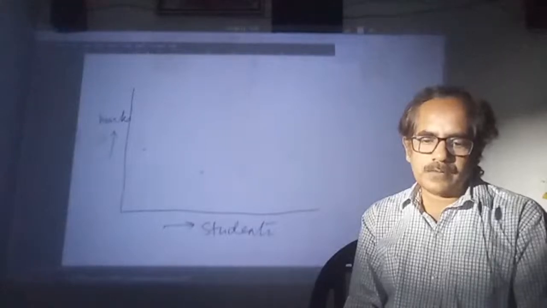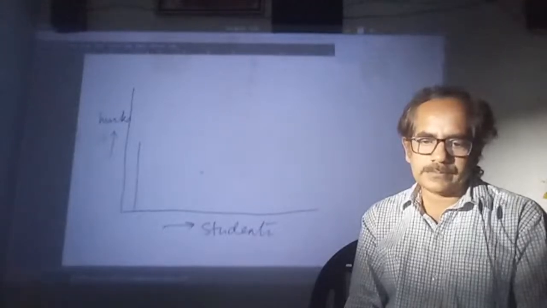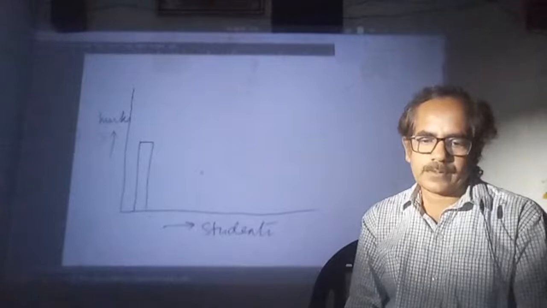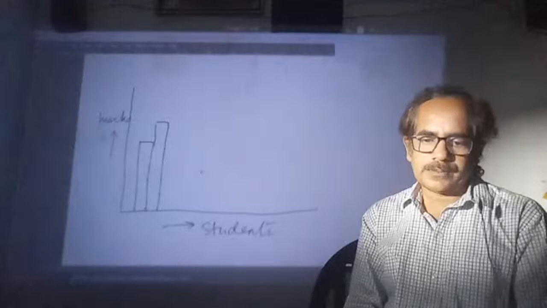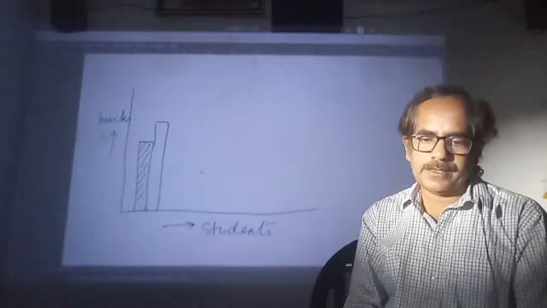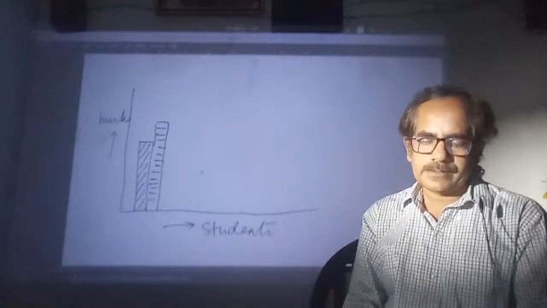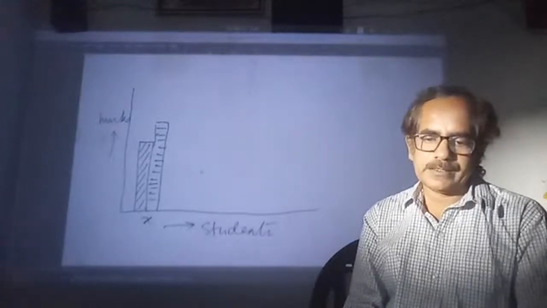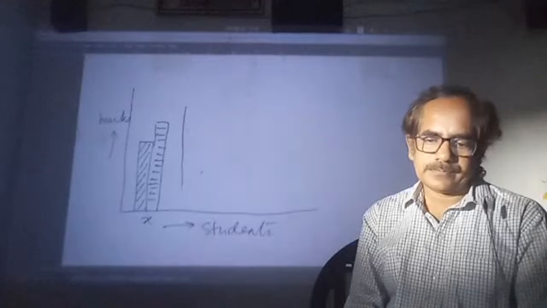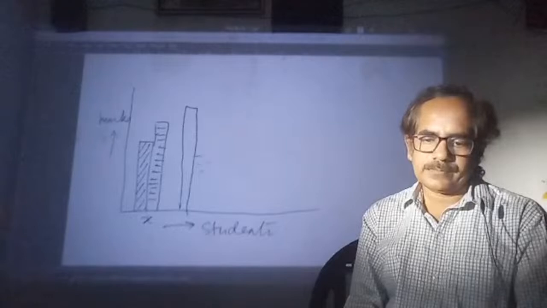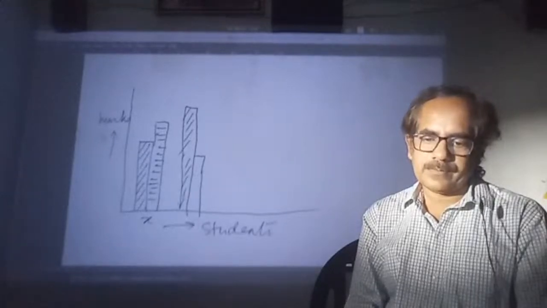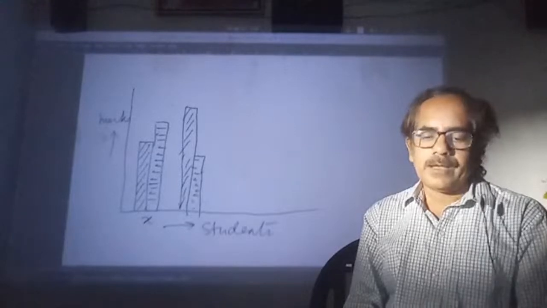Now here I want like this. Suppose it is of any color, and this should be of a different color. This is student X. Then again, in this way I want.